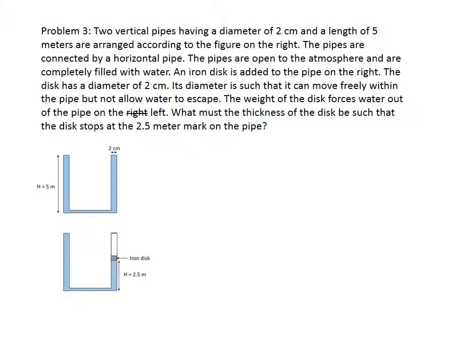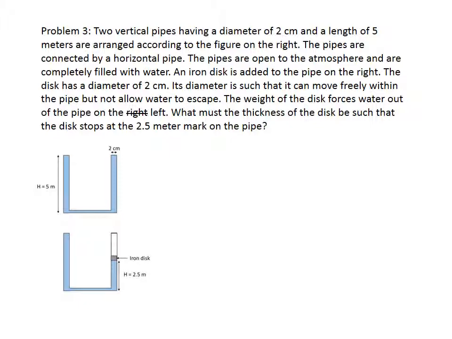This disc can then slide down the pipe on the right and force the water out of the pipe on the left. There was an error in the original homework problem where it was said right, but the iron disc will push the water out of the pipe on the left. And we're trying to find the thickness the disc would need to be so that the disc stops at the 2.5 meter mark on the pipe.